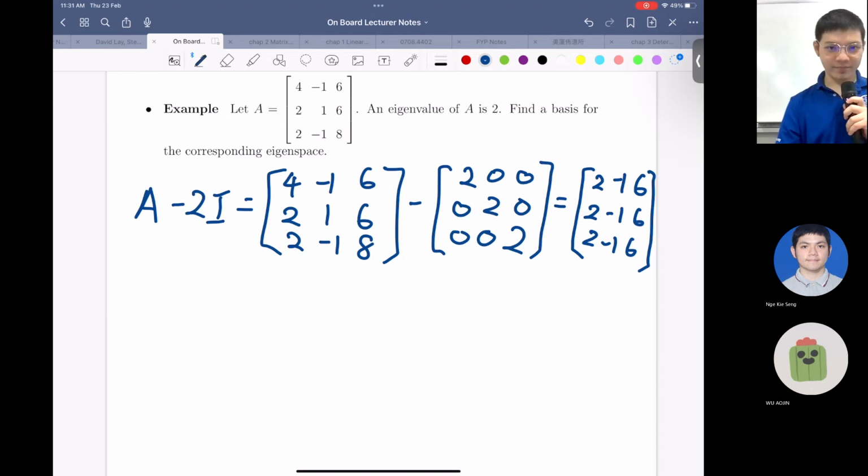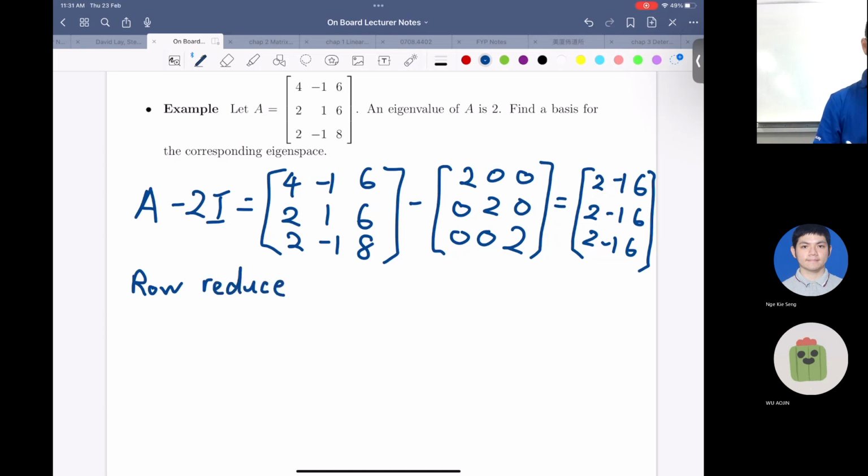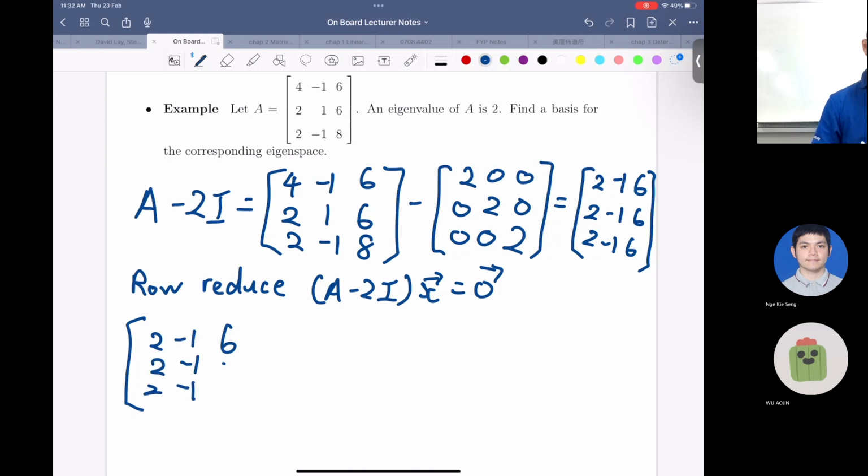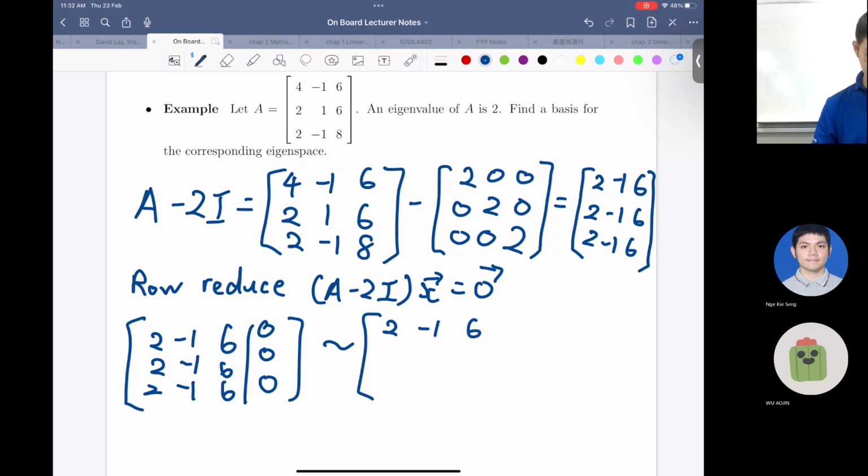So reduce A minus 2I x equals 0. What do you get? This row is 2, minus 1, 6.